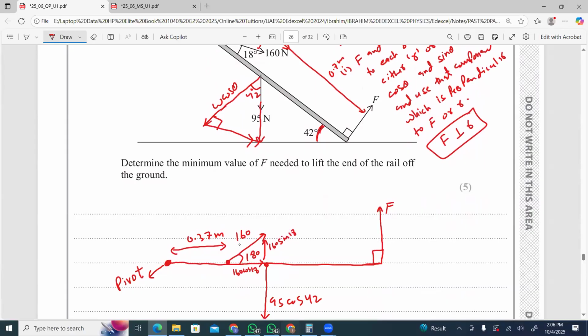So here it is easy for me to resolve the force 160 Newton into two components. One is 160 cos 18 and one is 160 sin 18. Now you can easily see that the component of force 160 sin 18 is perpendicular to the beam or distance from the pivot, right? So you can write this force here as well, like this, 160 sin 18.